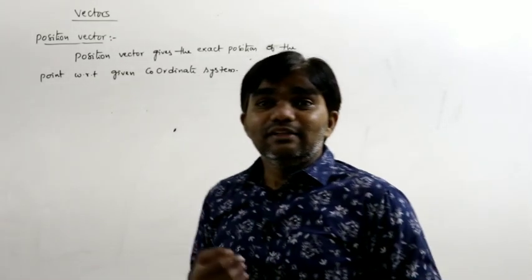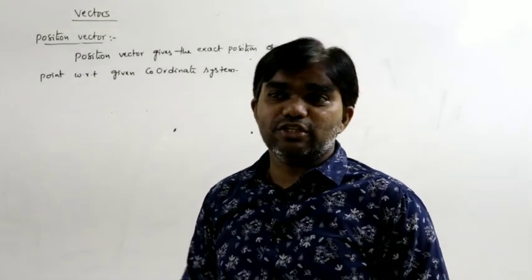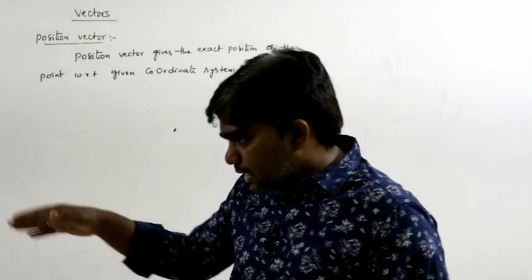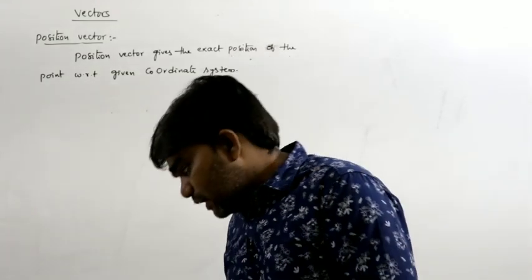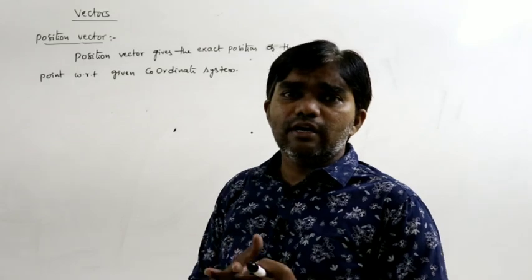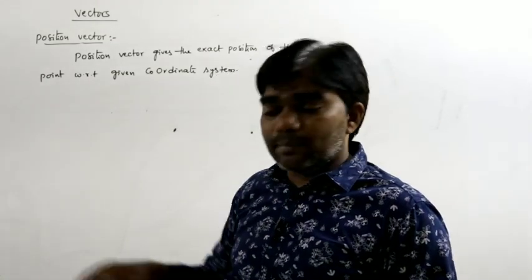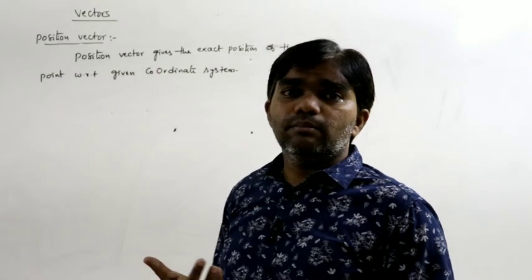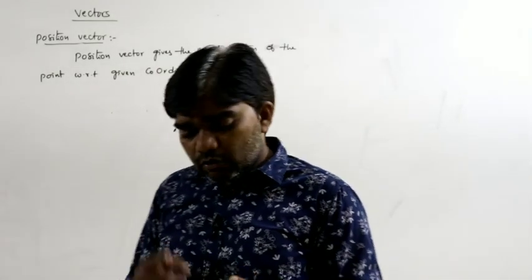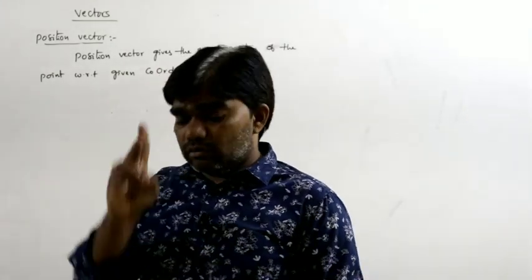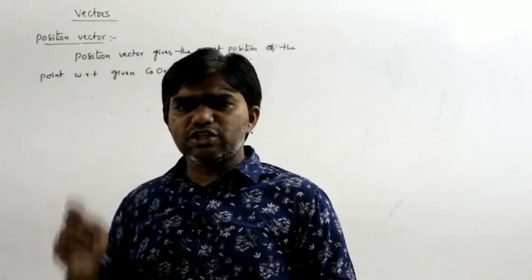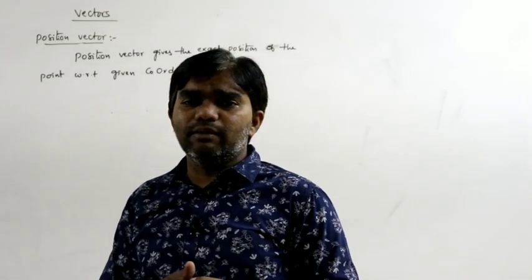So that is the 3-dimensional case. The combination of these three gives the position vector. How can you calculate it? We discussed addition of vectors by the analytical and graphical method.